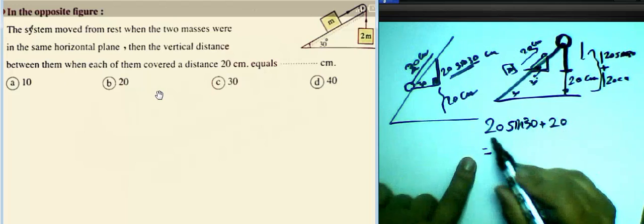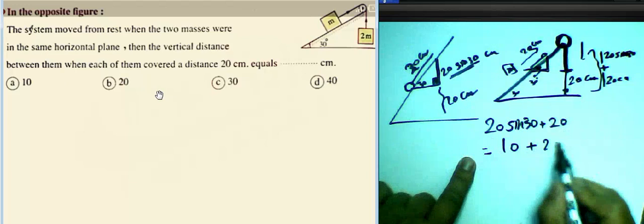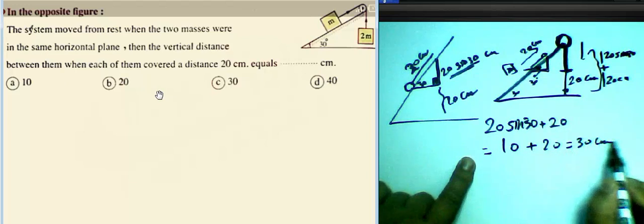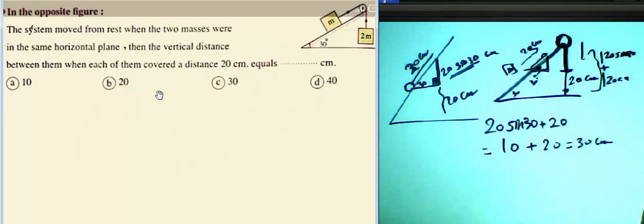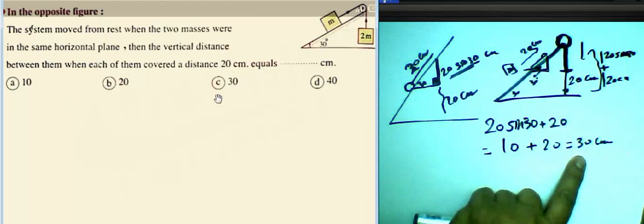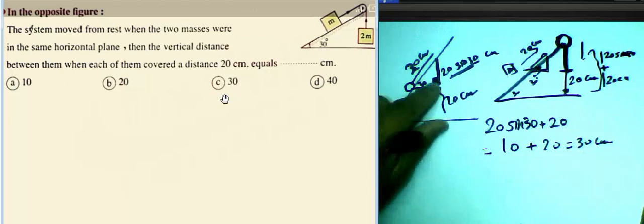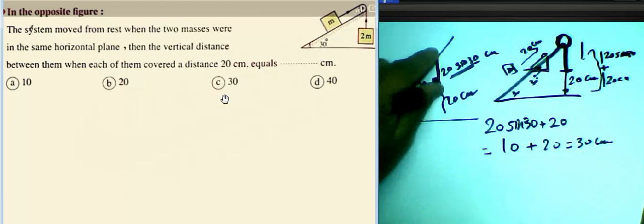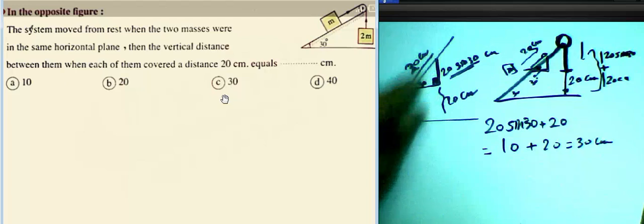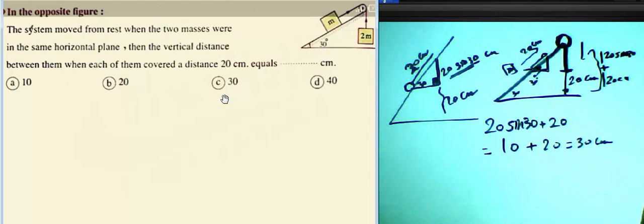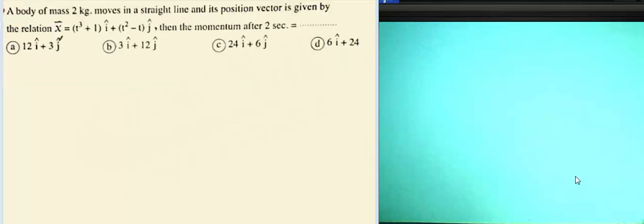Sine 30 equals half, half times 20 equals 10, and 10 plus 20 equals 30 centimeters. Then the distance between the two weights will be 30 centimeters. Choose letter C. Again, this part is 20 centimeters, and the vertical part is 20 sine 30. 20 plus 20 sine 30 equals 30 centimeters. Choose letter C.